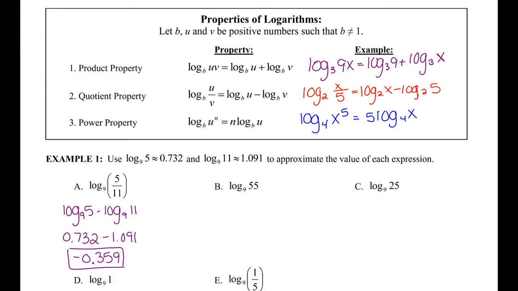Looking at example B, the first thing that I'm going to do is to rewrite 55 to be 5 times 11, since I know what log base 9 of 5 and log base 9 of 11 both equal. Then I'm going to use the product property to pull this apart into two separate logs. So log base 9 of 5 plus log base 9 of 11.